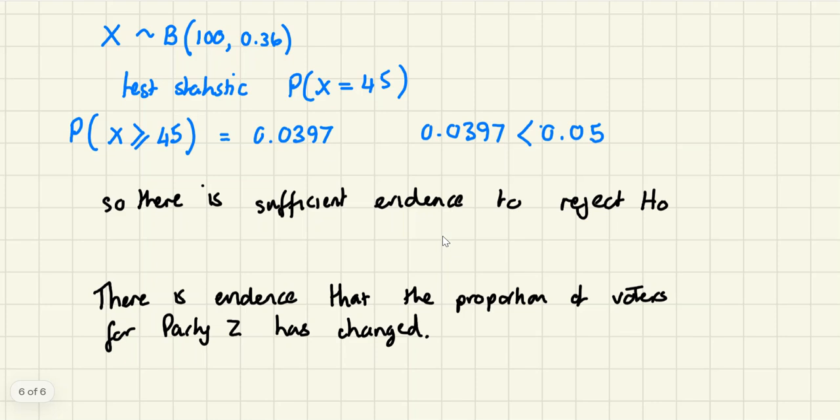You know, I'll use my little laser pointer, you have to point this bit out, and you have to say evidence to reject that, but then you can say, therefore, voters for the party has changed.